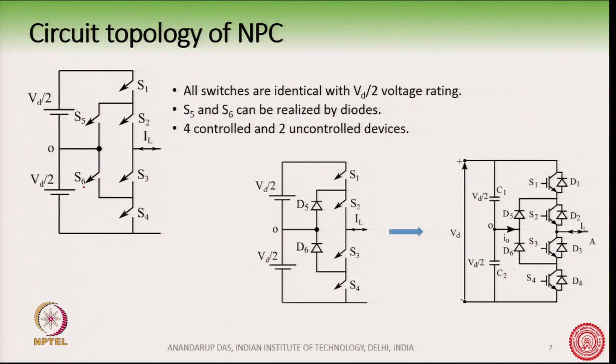So, people had realized that. So, S5 and S6 may not need to be an IGBT with antiparallel diodes, or a transistor with antiparallel diode together, it is not needed. So, we can only have diodes here, D5 and D6.